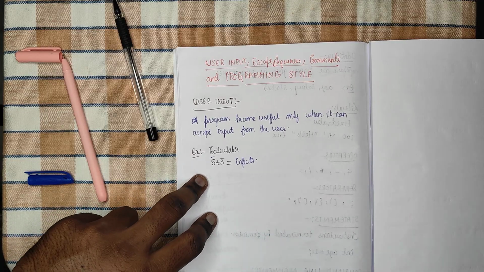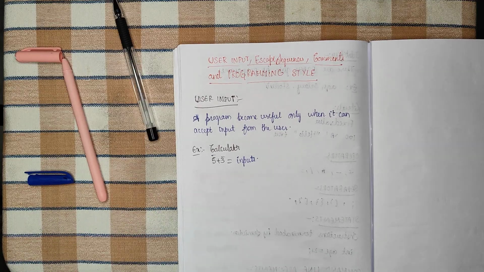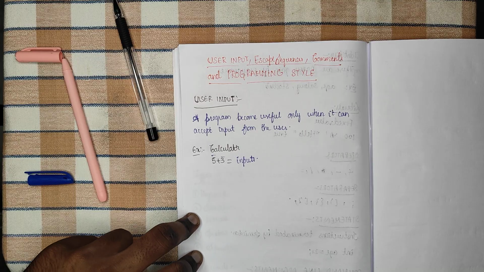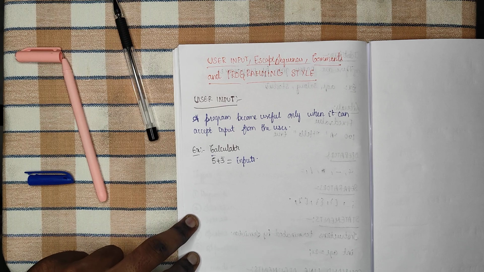For Instagram, the username is an input, and the password is also an input. Almost every software application takes input from users. Therefore, learning input is very important.